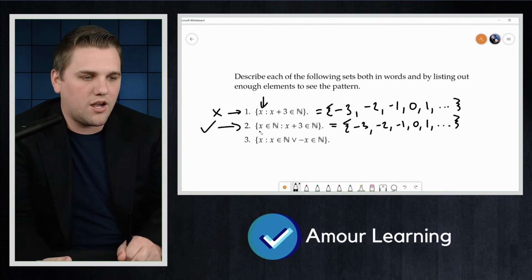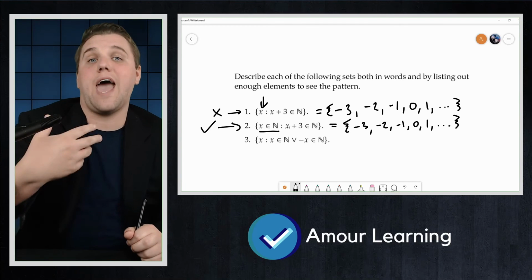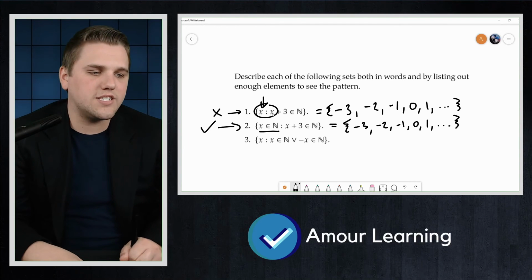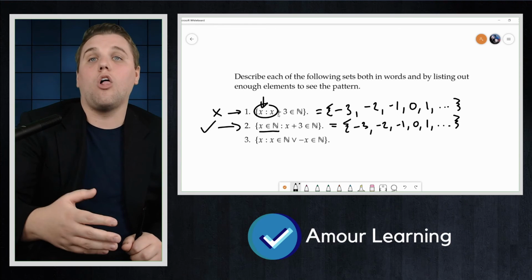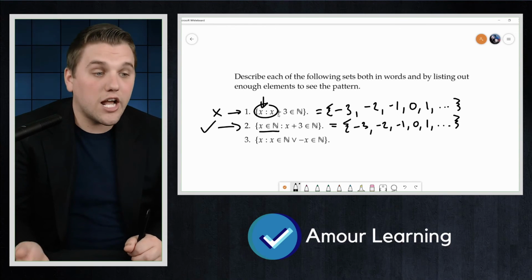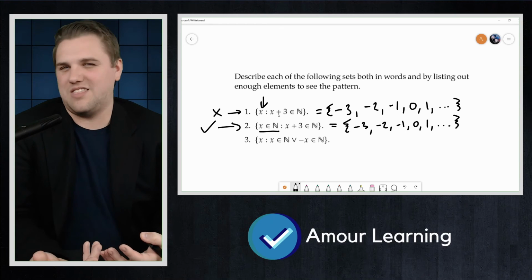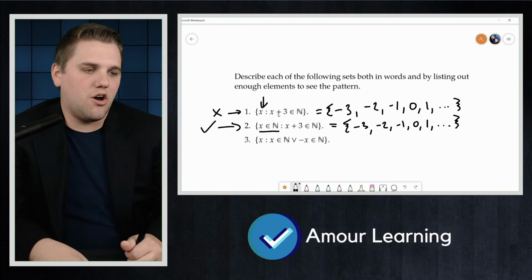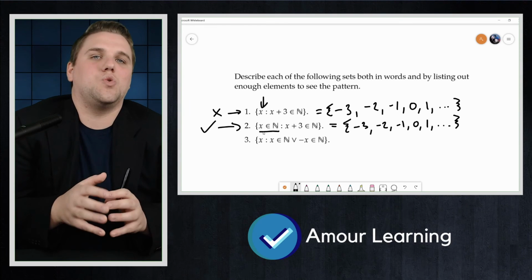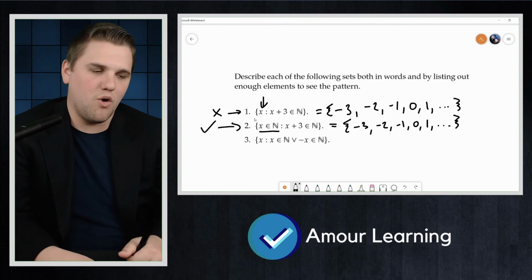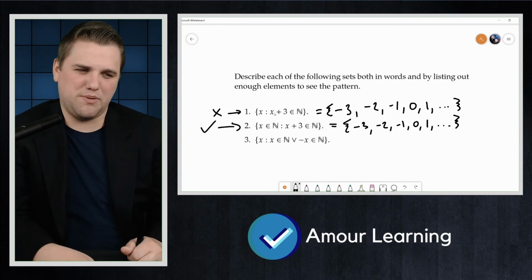So in this example right here, I want all the elements that are natural numbers such that, whereas in this example right here, I say I want all of the things such that, and it's just a really sloppy thing to say. And so again, it's always good to describe the universe that you're working in, which is why I prefer number 2 over number 1. I hope I explained that well.